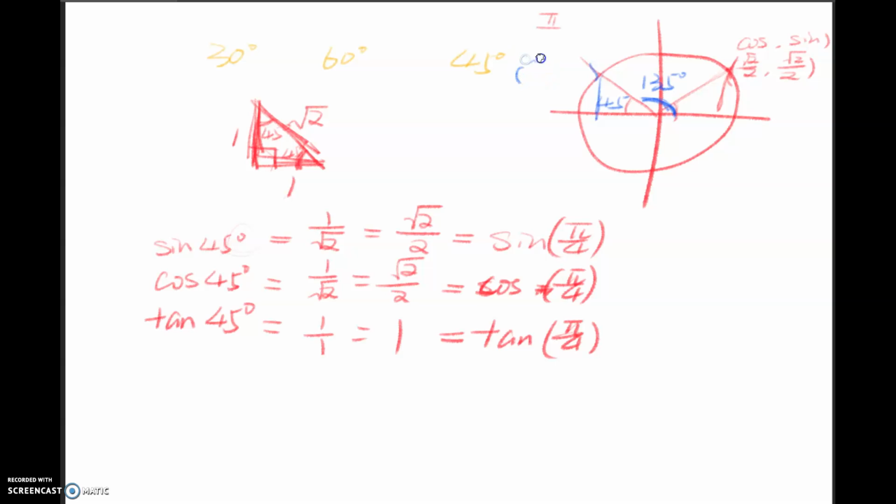So again, it will be cosine comma sine. And in the second quadrant, as you can see, you're on the negative x-axis. So your x should be a negative number. So instead of cosine 45, which is square root 2 over 2, it will be negative square root 2 over 2. And the sine is a y-coordinate. And y-coordinate in the second quadrant will be a positive number. So it will be positive square root 2 over 2. Okay? Alright, same thing for the third quadrant.